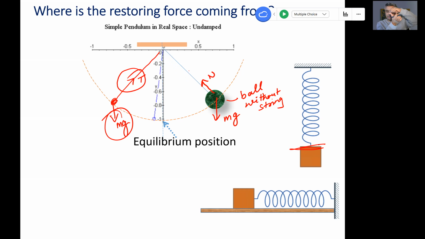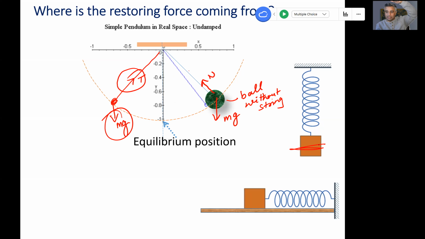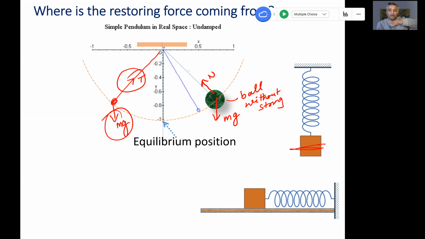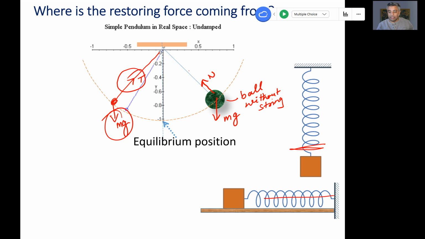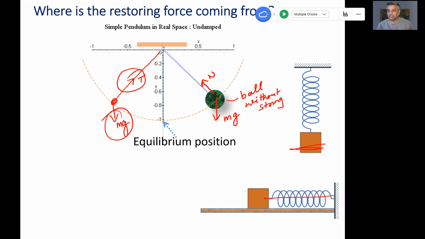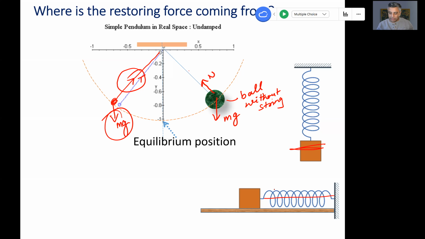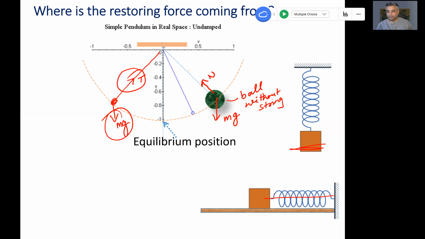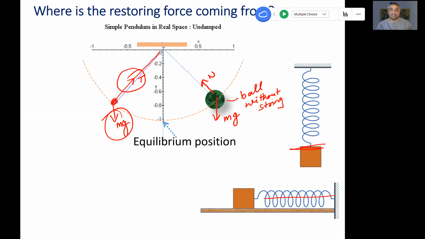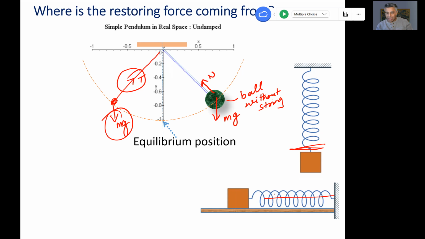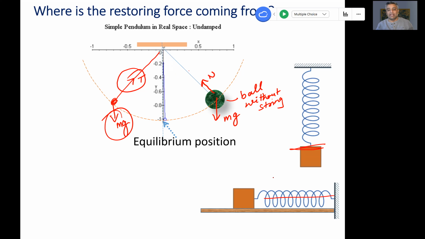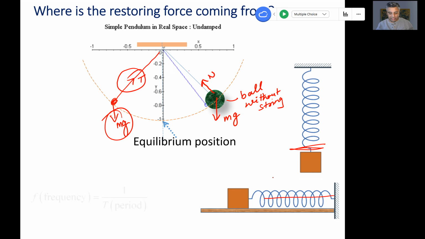Because of the mass, it's already stretched, so the equilibrium position is not the same as the unstretched length of the string. But when it is horizontal, weight is not pulling the string, so the equilibrium position is going to be exactly at the length of the string. Okay, so that's the only difference. And once we analyze the motion about the equilibrium position, the idea is the same, the physics is the same, okay?